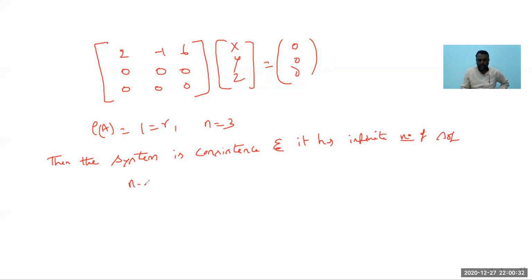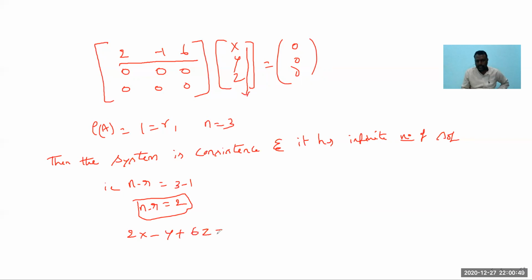So n minus r equal to 3 minus 1, that equals 2. So you can take how many constants? 2 constants. Now you can use only this last equation. So we can get 2x minus y plus 6z equal to 0. Put n minus r equal to 2, put z equal to k1, y equal to k2.